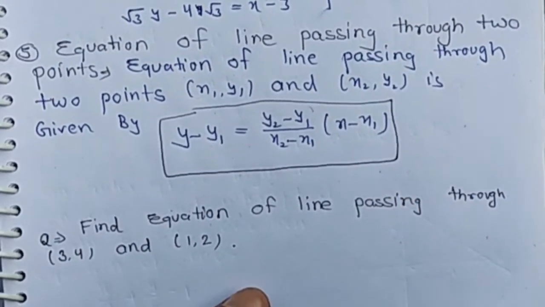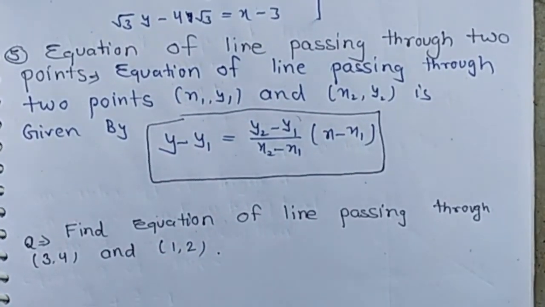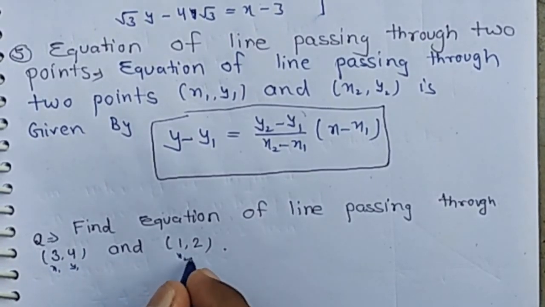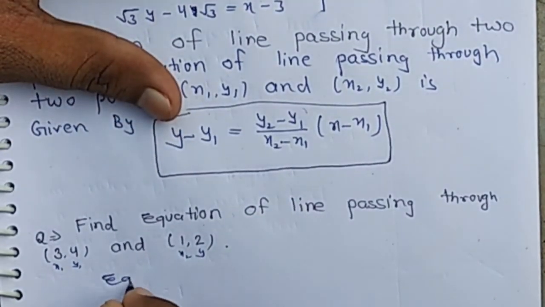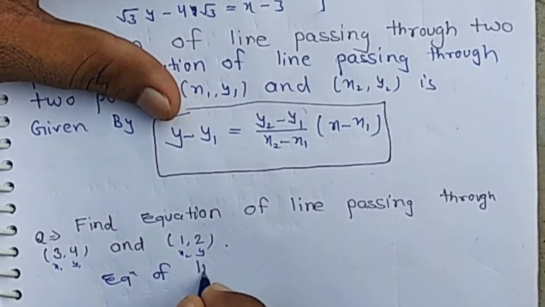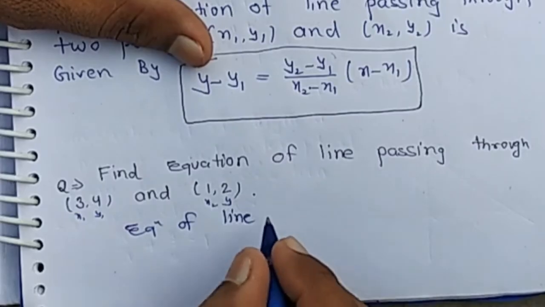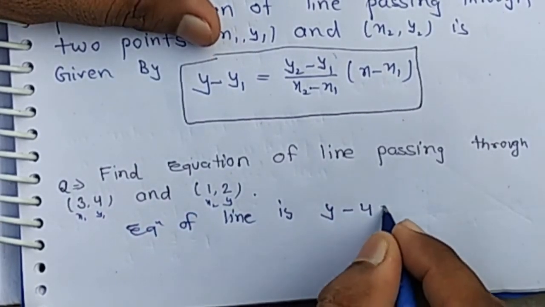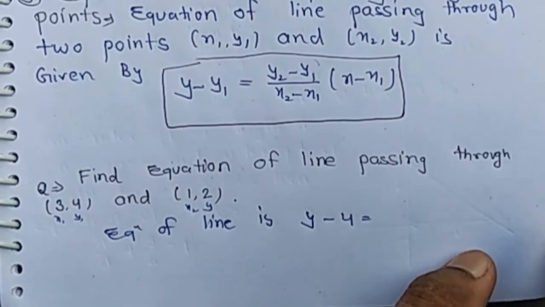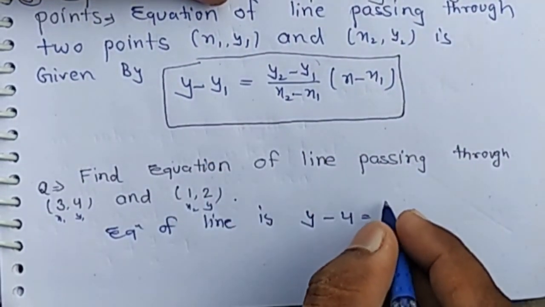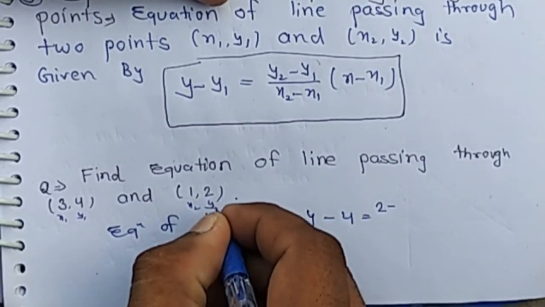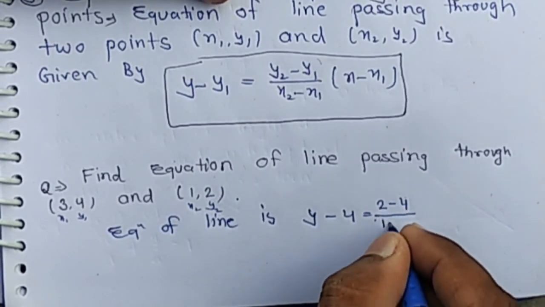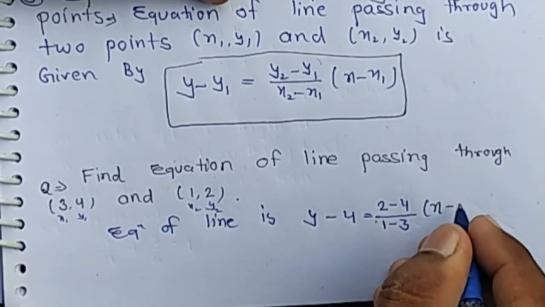Now, the question based on this formula is find the equation of the line passing through 3, 4 and 1, 2. It is x1 y1 and x2 y2. Then the equation of the line is y minus y1, y minus 4, equal to y2 minus y1, means 2 minus 4, by x2 minus x1, means 1 minus 3, times x minus x1.